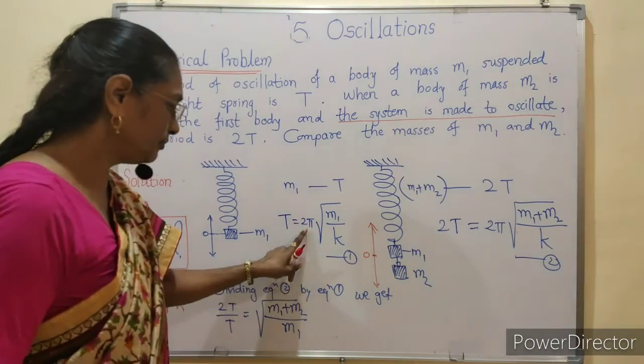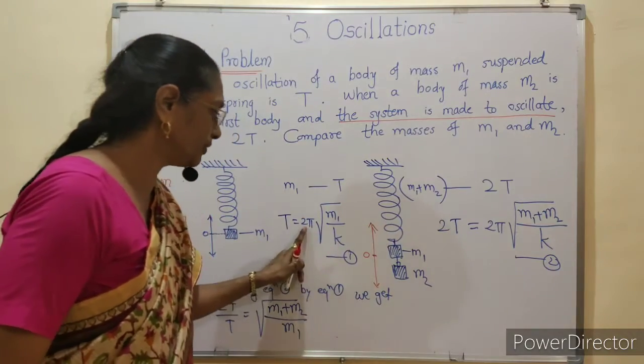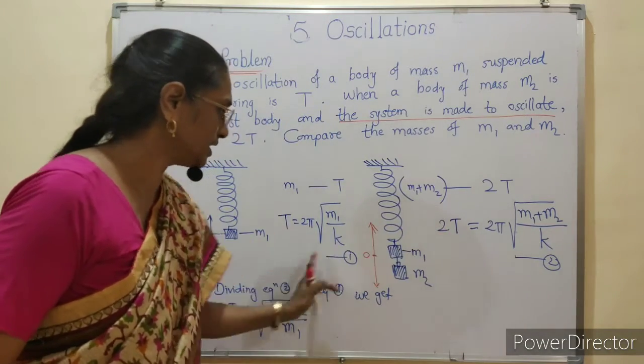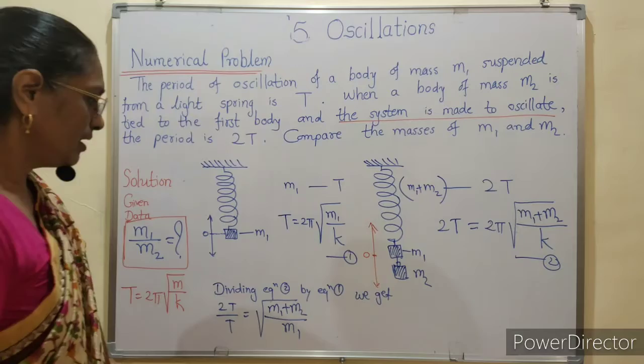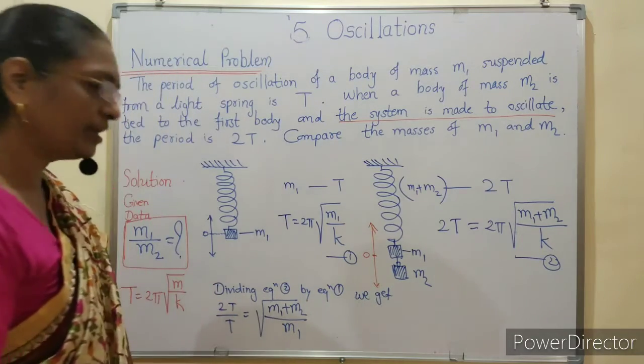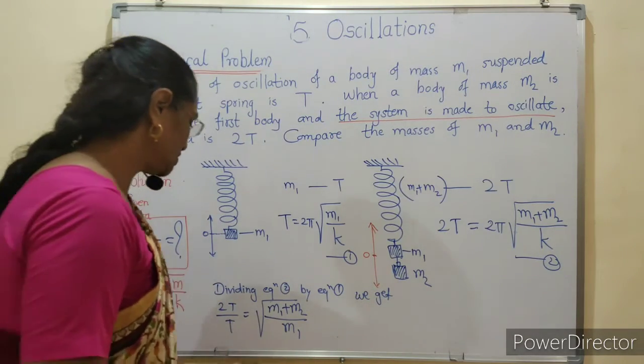Because when we divide equation 2 by equation 1, twice pi is constant, and in both cases k is constant, so it cancels. Now this equation can be simplified in the next step.